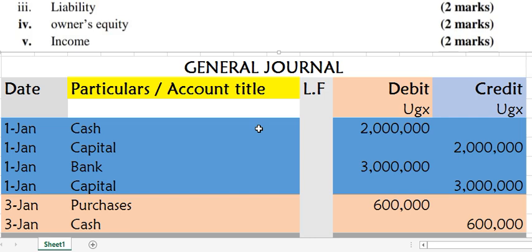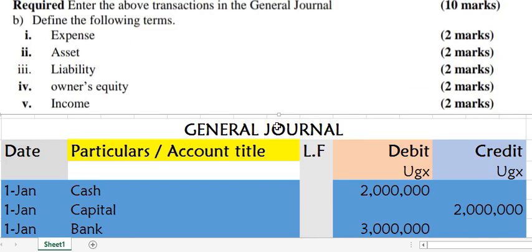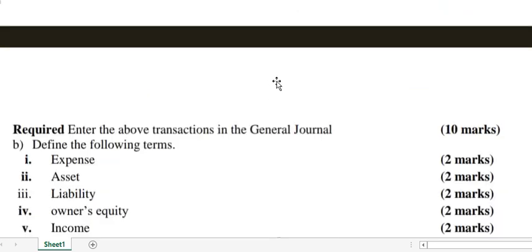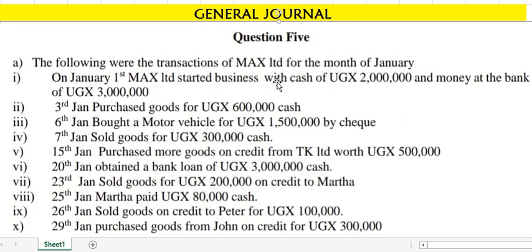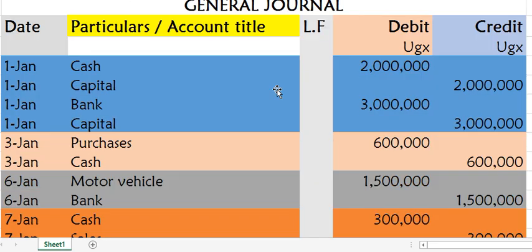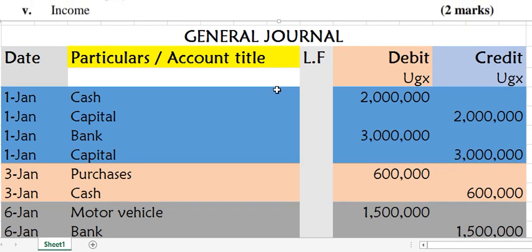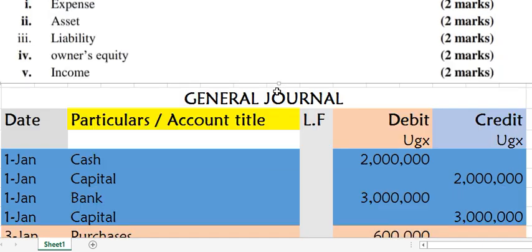But of course, according to the question, we are just required to record the above transactions in the general journal. So the rules are very important when it comes to recording transactions in the general journal.